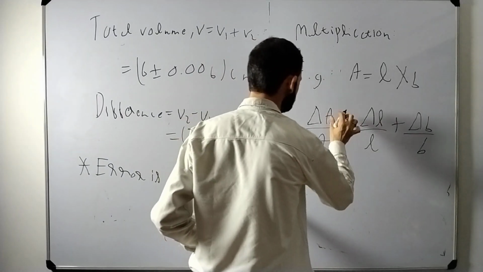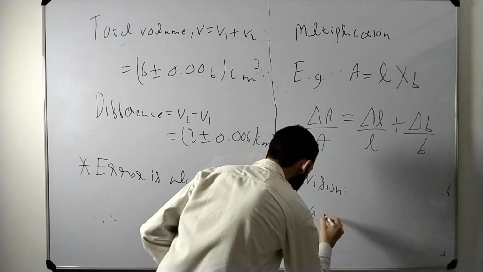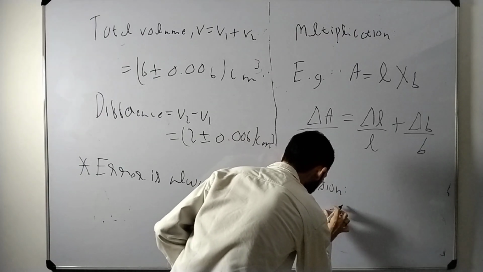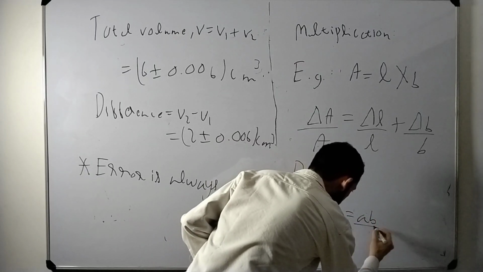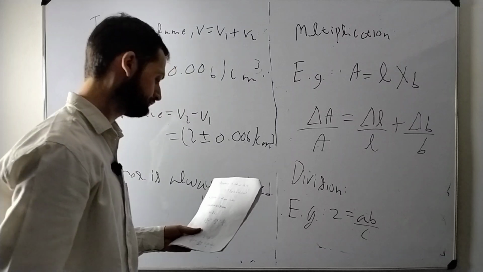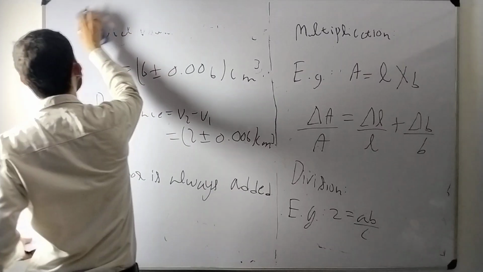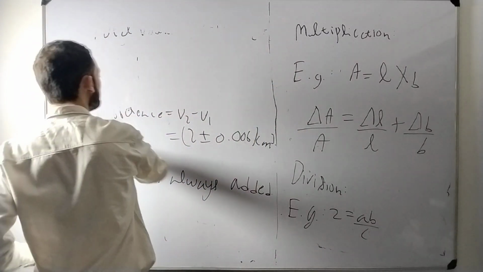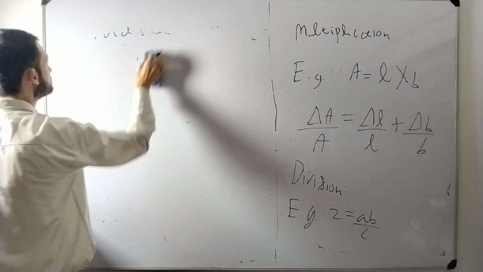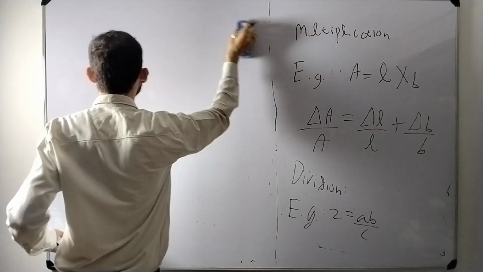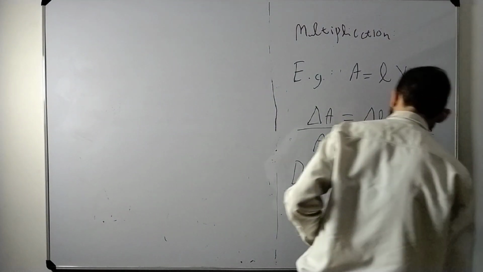Example, Z is equal to AB upon C. How would you represent the error of this thing? Think of yourself now.